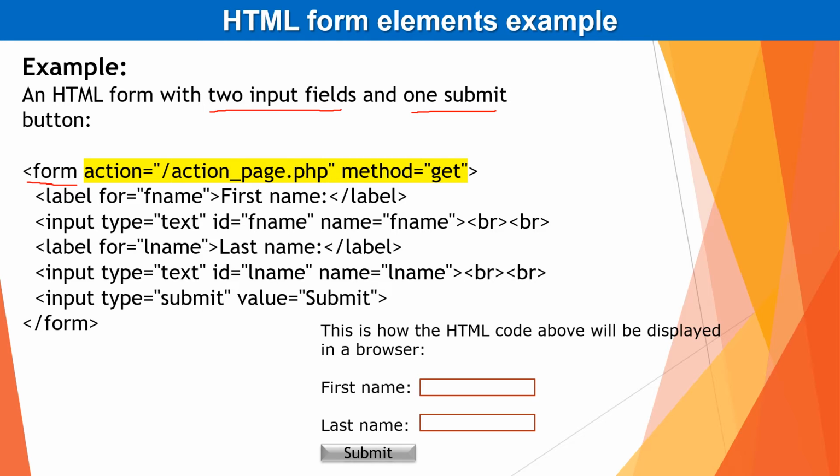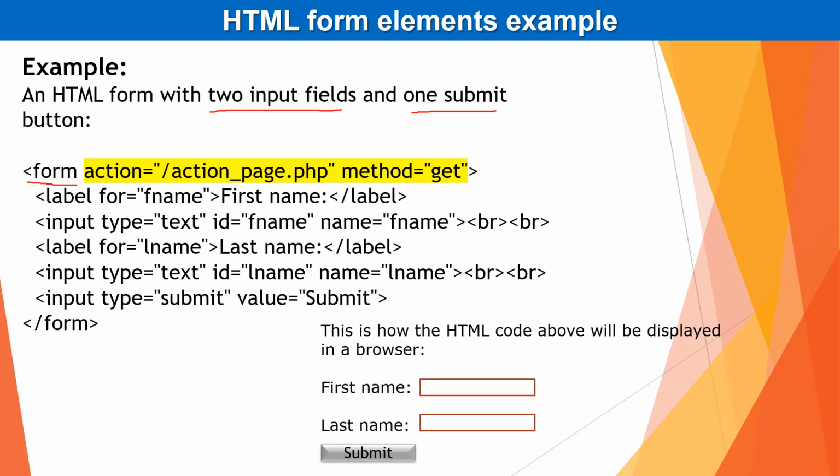Now the label is given as label for equal to fname, which is given in double quotation, that is the first name. The first name with a colon is written as a label, and the name of this label is fname, which is given in double quotation.